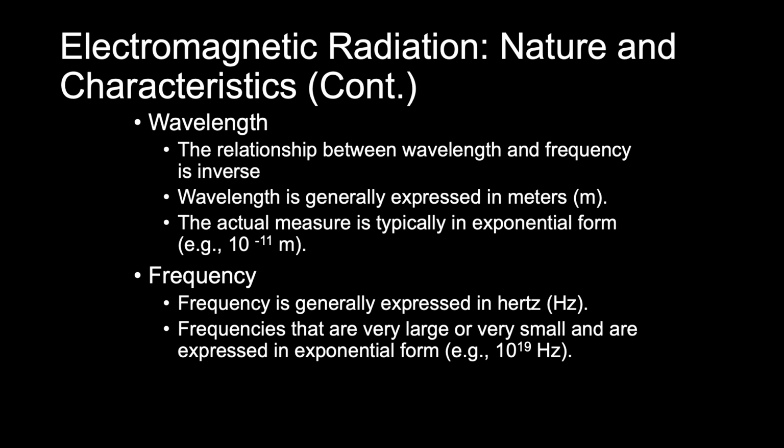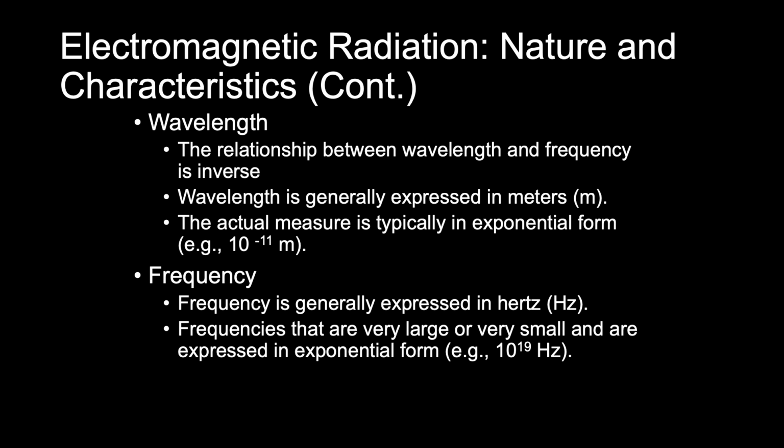Long wave AM radio waves have frequencies from 500 to 1600 kilohertz, or 0.5 to 1.6 megahertz. 1 kilohertz is 1,000 cycles per second. 1 megahertz is 1 million cycles per second.